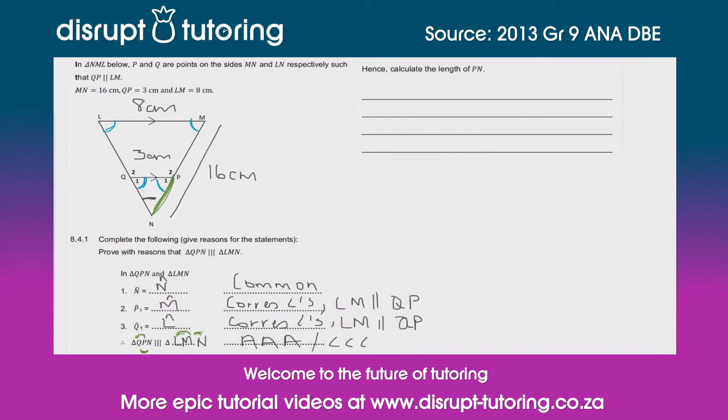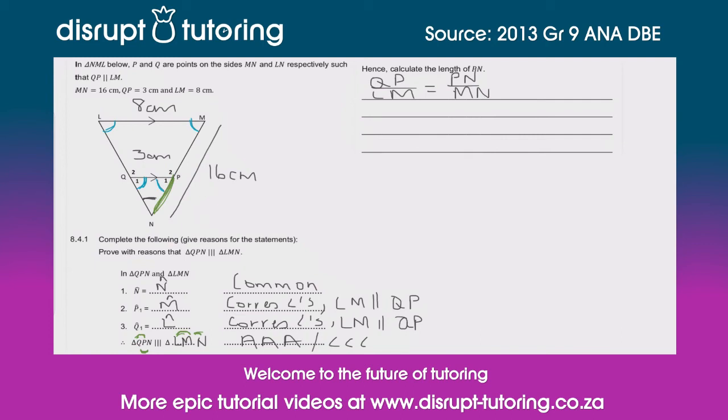And the corresponding sides here are the QP and LM and the PN and the MN. So let's write that out. So we know that QP over LM is equal to PN over MN. Okay, so we've got a constant ratio between the corresponding sides.